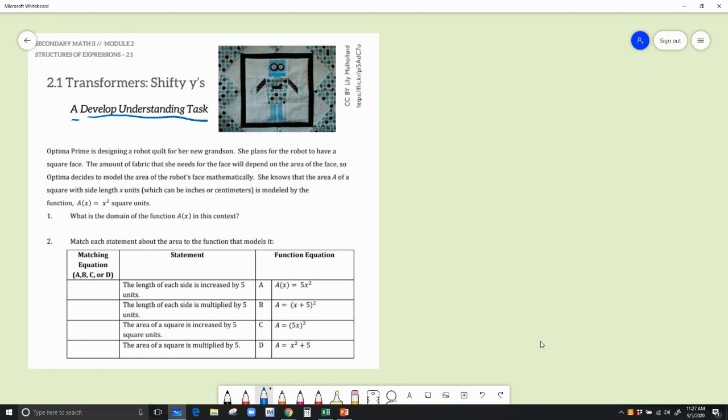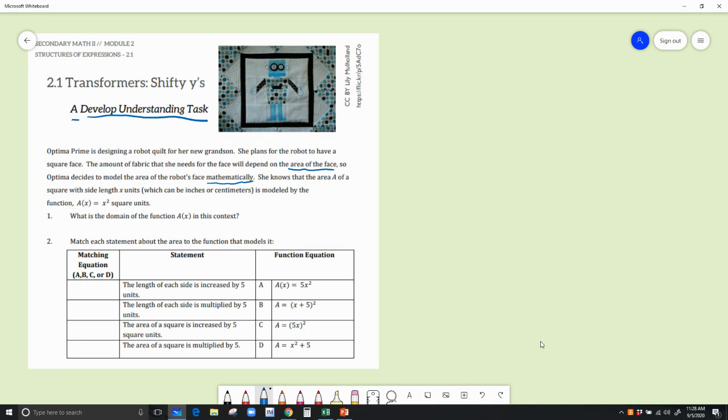Optima Prime is designing a robot quilt for her new grandson. She plans for the robot to have a square face. The amount of fabric she needs for the face will depend on the area of the face. So Optima decides to model the area of the robot's face mathematically. Of course, why wouldn't she, right?